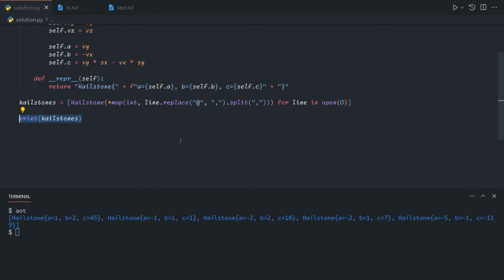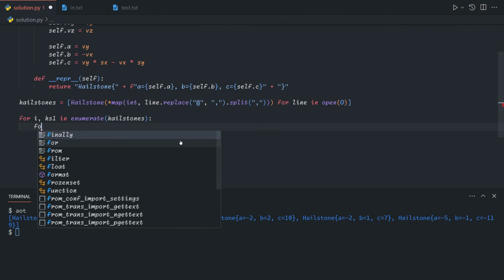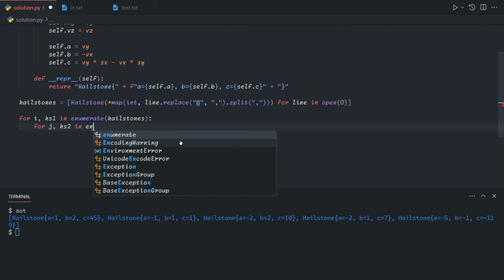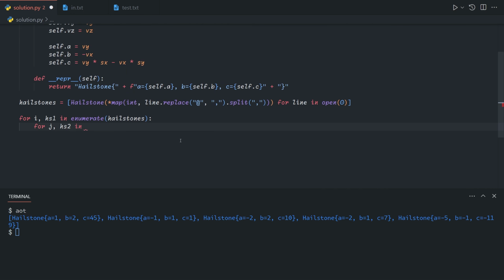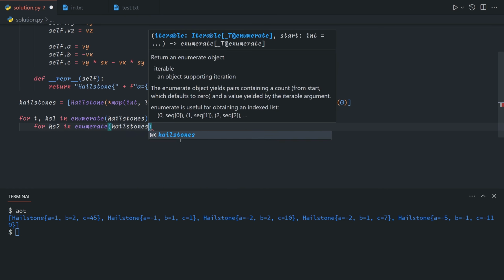So let's start going through our hailstones. So for i, hailstone 1 in enumerate hailstones, for hs2 in hailstones up to i.